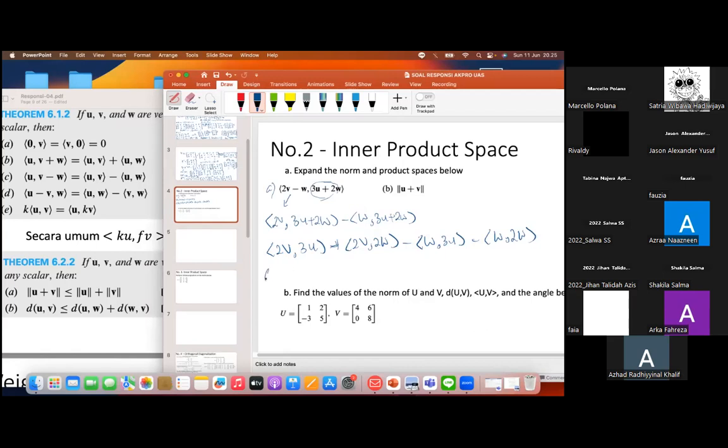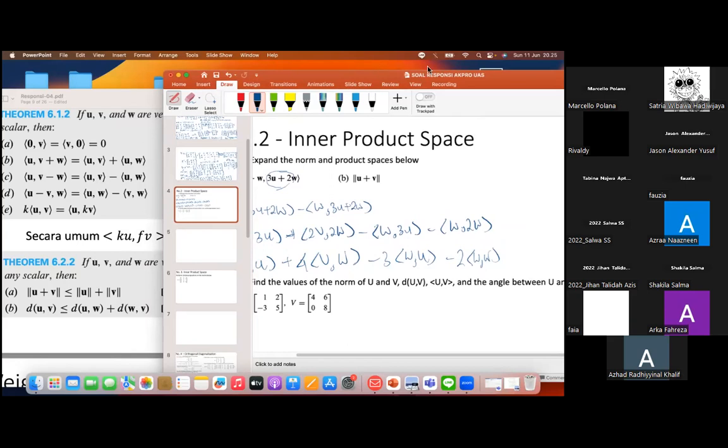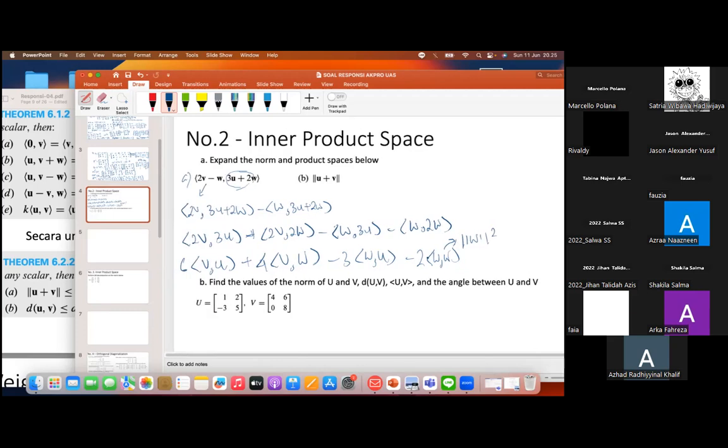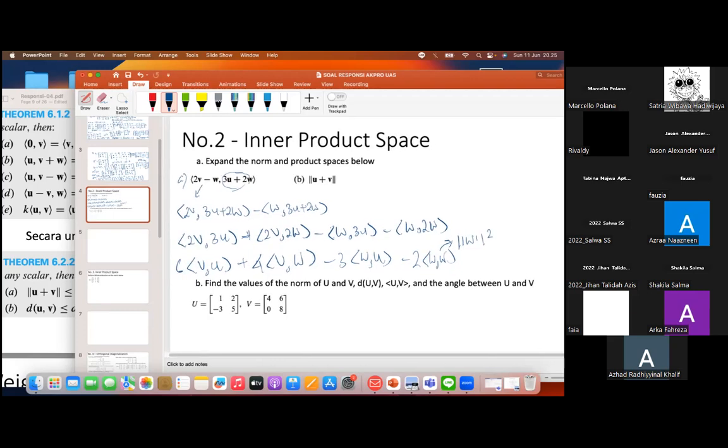So 2 times 3 is 6, so 6 times v, comma u, plus 2 times 2, 4, v, comma w, minus 3 w, comma u minus 2 w, comma w. However, note that this w, comma w is the norm of w squared. So keep this in mind.